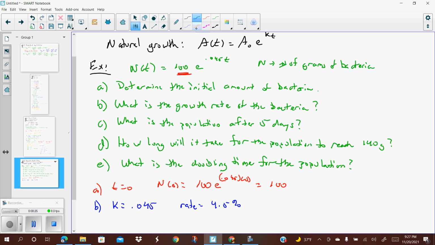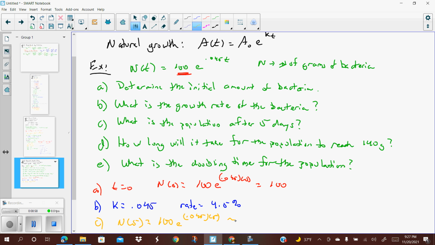Part C, what is the population after 5 days? This is probably the easiest one because 5 represents the time. We plug 5 in for t. So that's going to be N of 5 equals 100 e to the 0.045 times 5. That's supposed to be an e down there. There we go.